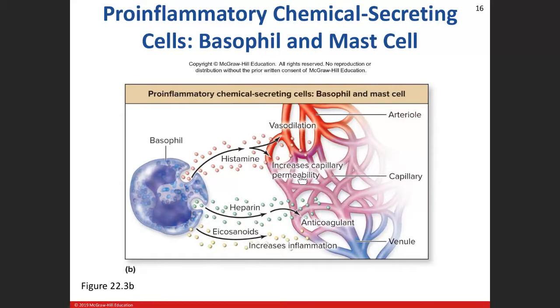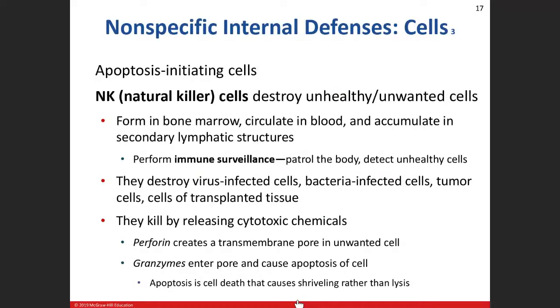The heparin will decrease the chance of clotting, and the eicosanoids are going to increase inflammation and increase cell signaling so we can get more cells to migrate to the area of injury. All right, so that's the chemical attractiveness.